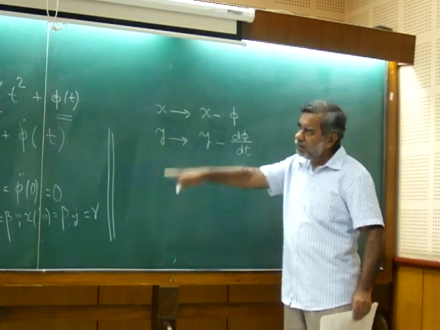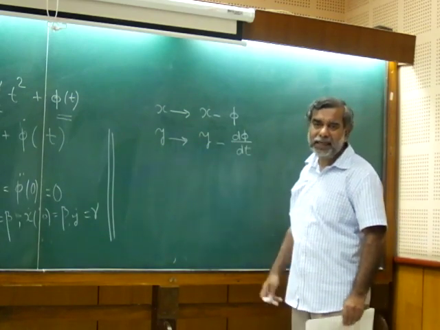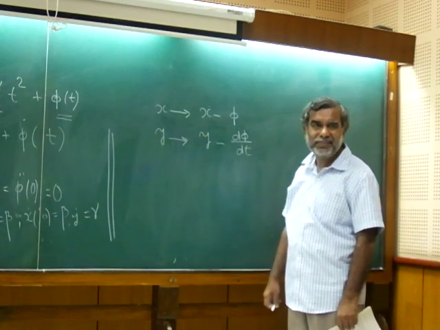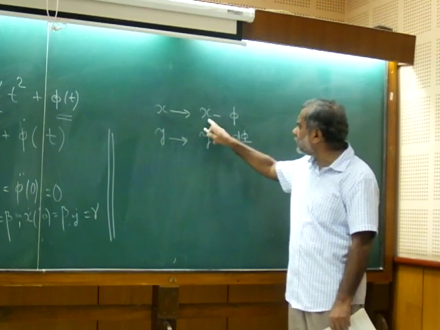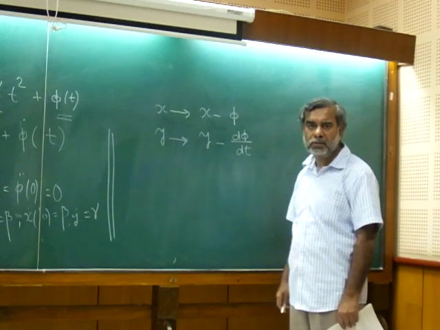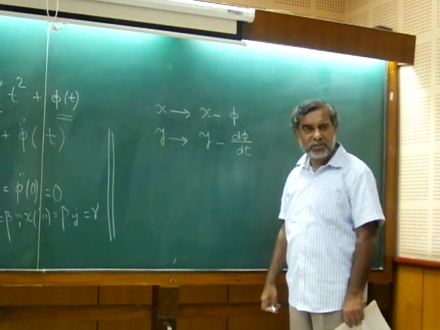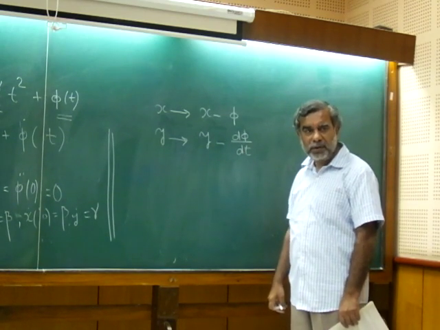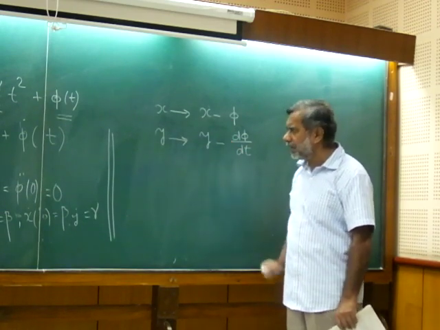Now you see, if you look at this change of variables, what happens? The Lagrangian remains the same. Is it true or not? If I do x dot, this is x dot minus phi dot, minus y plus phi dot, gone. So this is called a gauge transformation, and that particular Lagrangian is invariant under this gauge transformation.